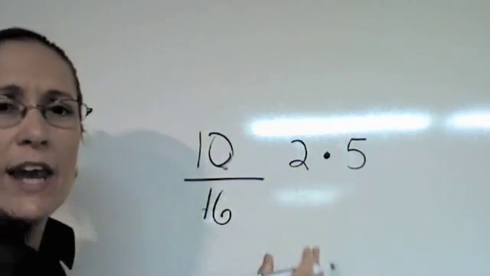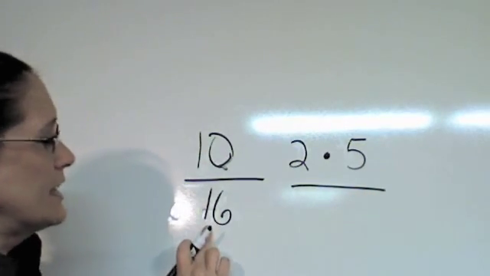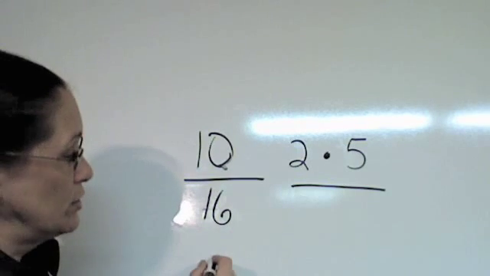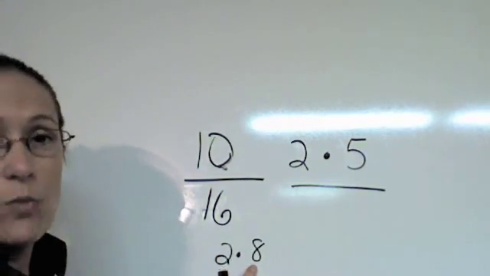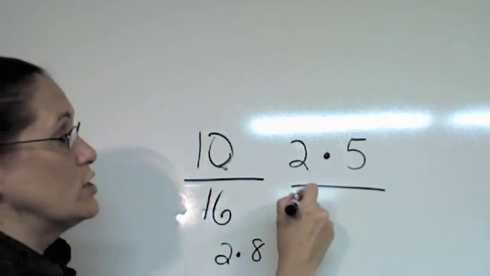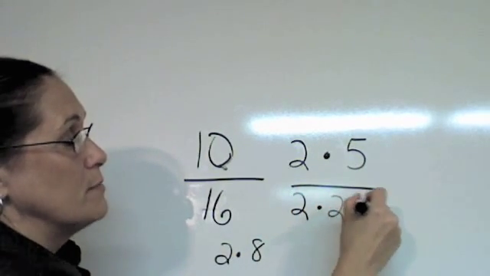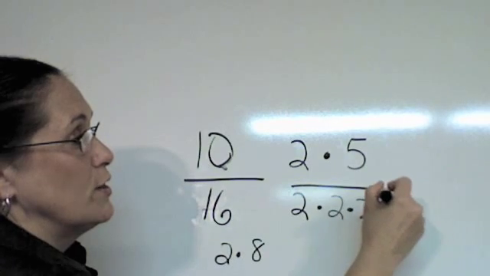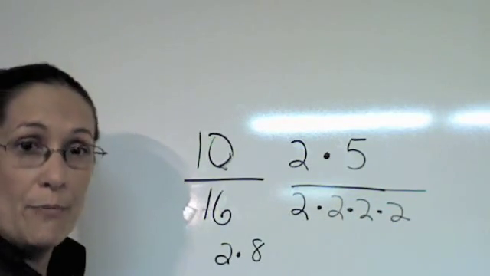I'm using that dot as times to indicate multiplication. 16 can be factored down to 2 times 8, and we know that 8 will go down to 2 times 2 times 2. So this is 2 times 2 times 2 times 2. That's how 16 gets written in prime factors.